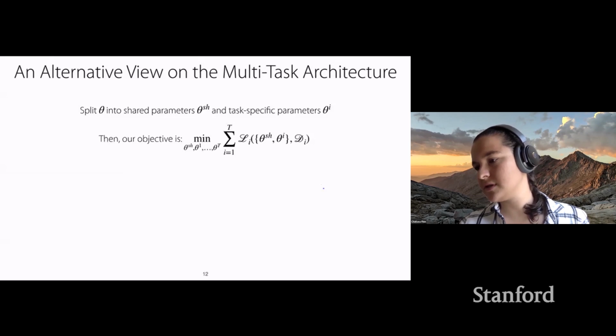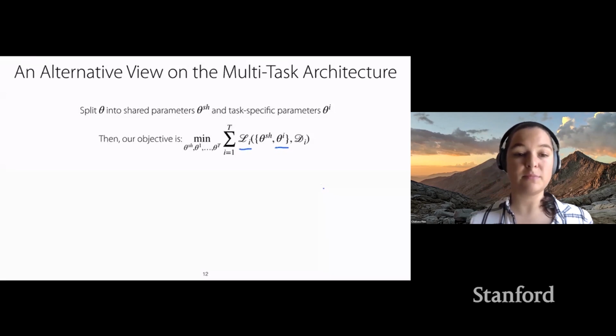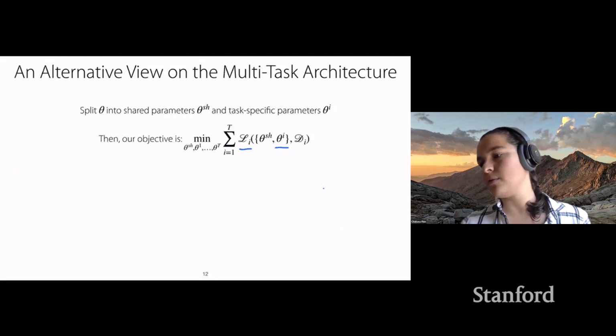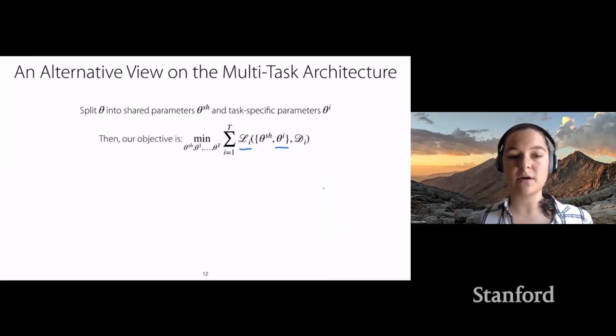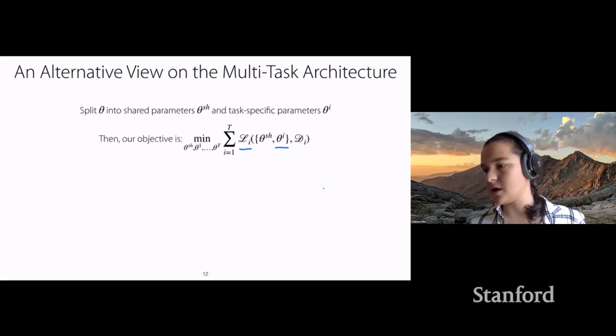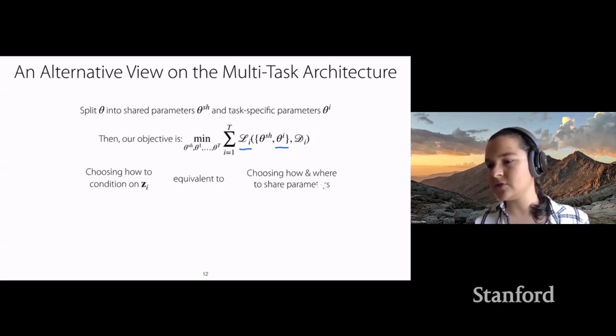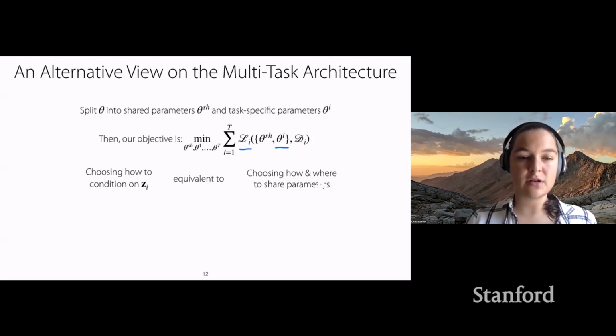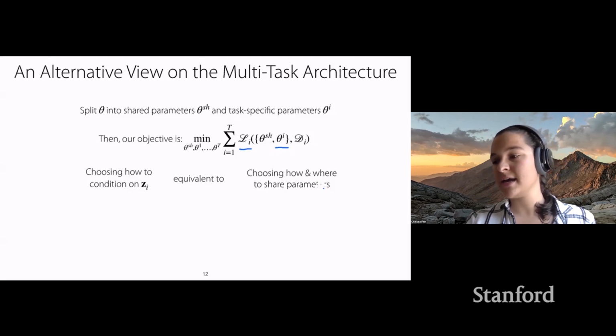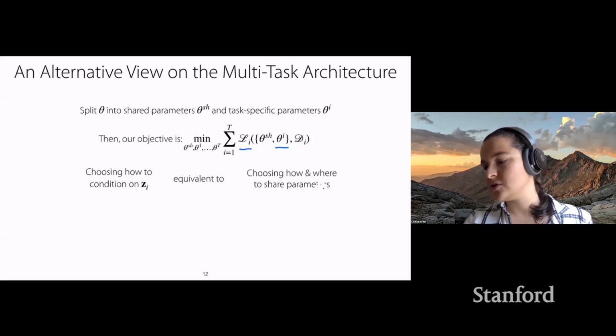What this objective makes clear is that task-specific parameters theta i are only going to be optimized with respect to the objective L i, and they won't be optimized when you're using other loss functions. It turns out that choosing how to condition on this task descriptor z i is equivalent to choosing how and where to share parameters.